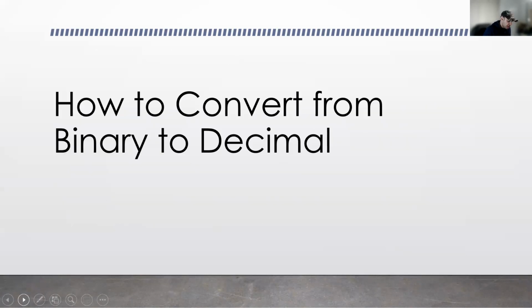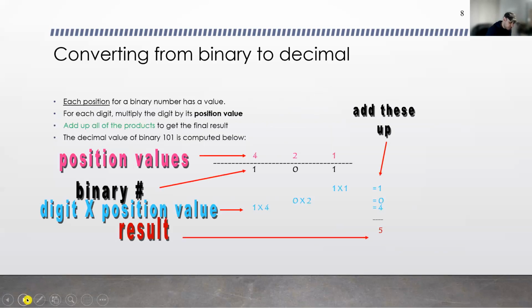Okay, guys. Now, how to convert from binary to decimal and the opposite as well. Although we have talked about it and seen examples, we're going to take it in a more formal way and with more details. Let's first talk about converting from binary to decimal. I already did this.